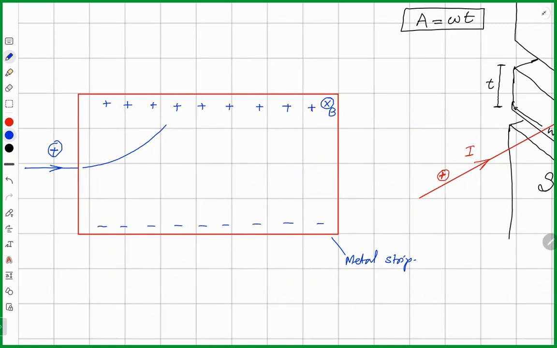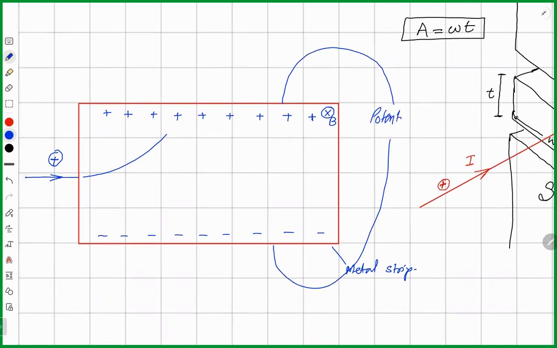This will produce an electric field. Interesting. Do you think there will be a potential difference between this side and this side?